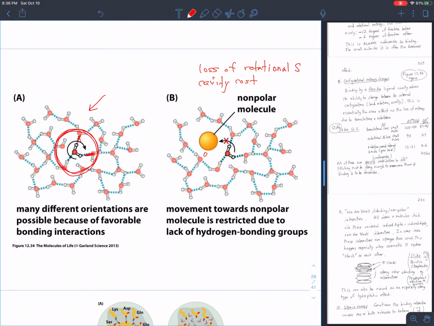Now put a hydrophobic molecule, a non-polar molecule in there, or any other thing, a droplet of oil or a plastic surface, anything hydrophobic. Now things are not uniform in all directions anymore, right? There's one direction in which the water molecules can't hydrogen bond anymore.